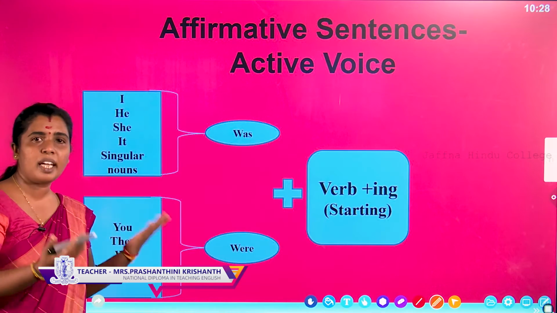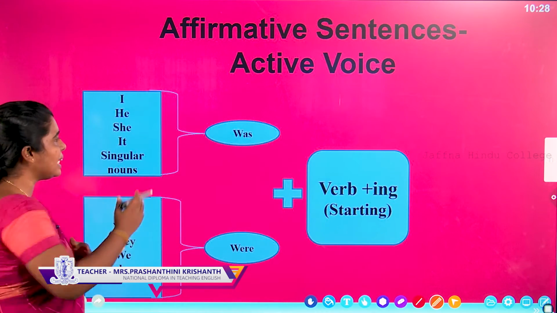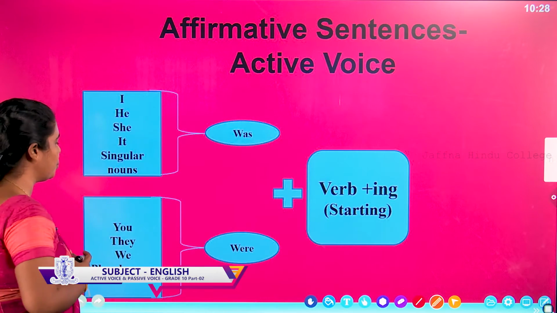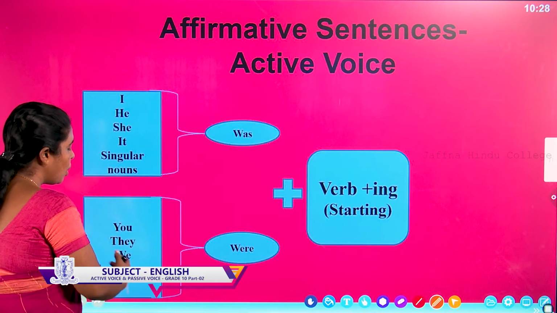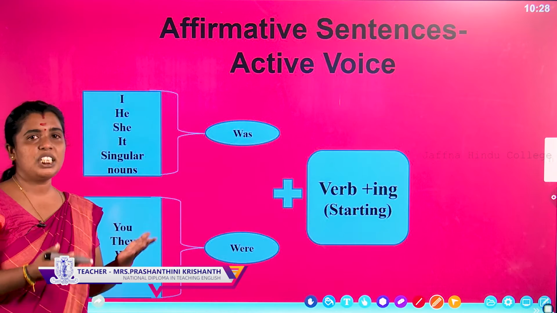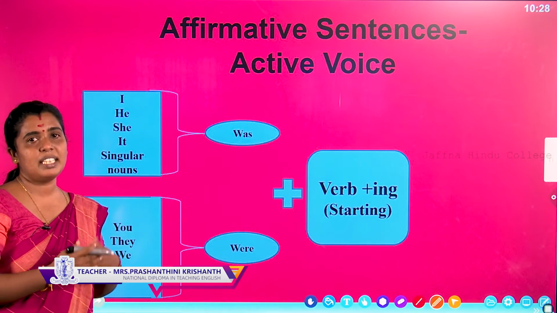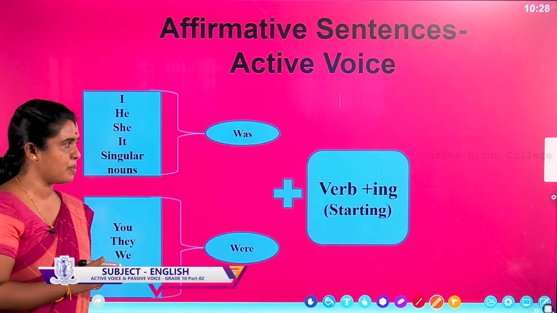For example, Mary, Ruan, the boy, the teacher, like that. And you, they, we, or any plural nouns like the students, the teachers, the children, the animals. Any subjects you can use.